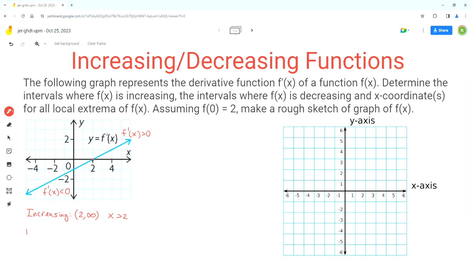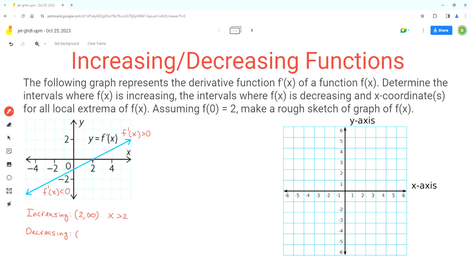So now we can write the decreasing interval. The interval over which the function is decreasing is the one over which f prime of x is less than 0. So in this case, all x values less than 2.